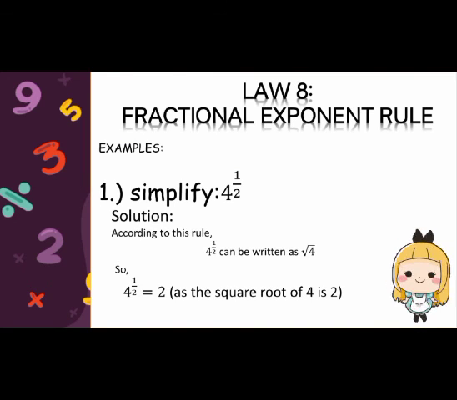So for example, simplify 4 to the power of 1/2. Solution: according to this rule, 4 to the power of 1/2 can be written as the square root of 4. As we all know, the square root of 4 is equal to 2. So therefore, 4 to the power of 1/2 is equal to 2.